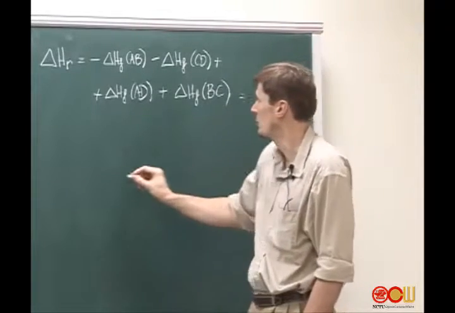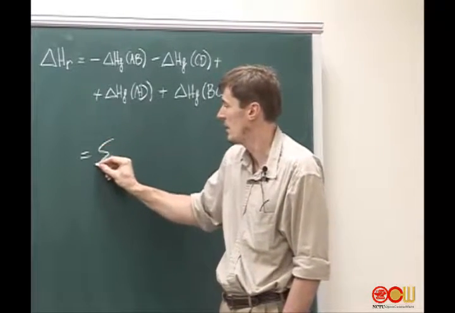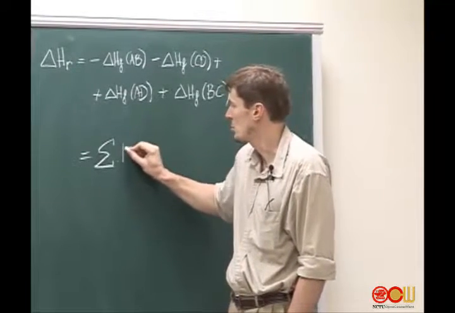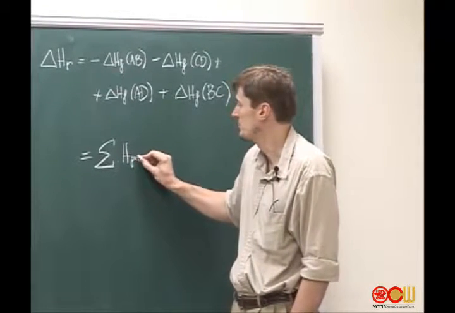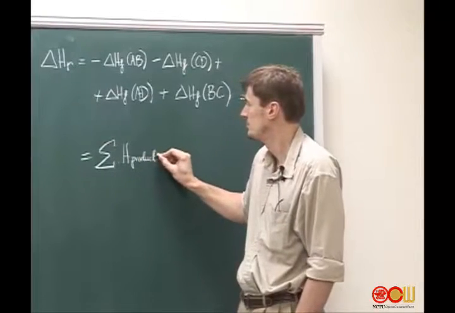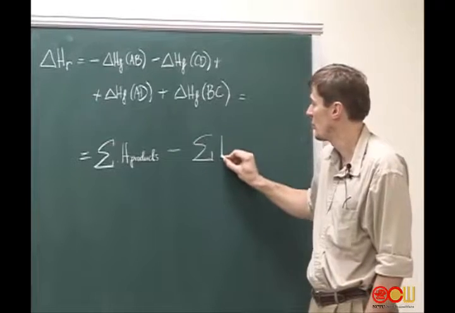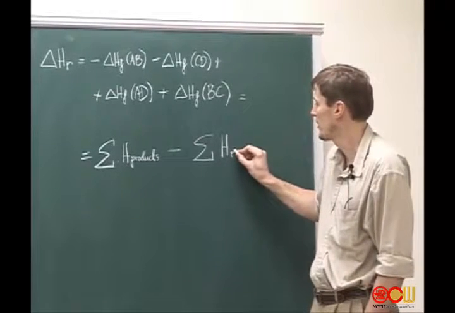And you probably can notice immediately that this is nothing else like what we said a moment ago. Summation of enthalpy of products minus the summation of enthalpy of reactants.